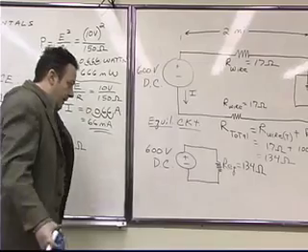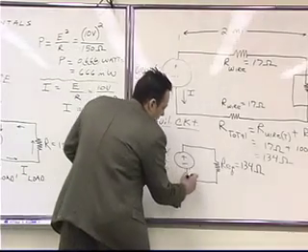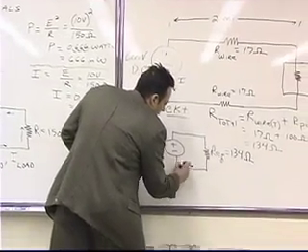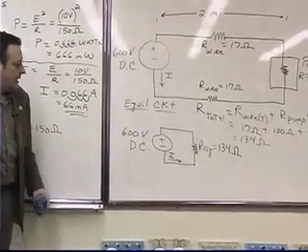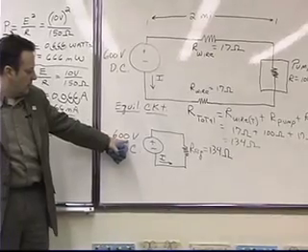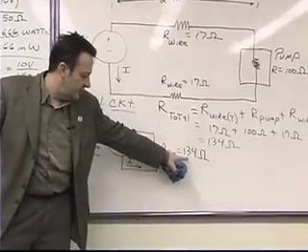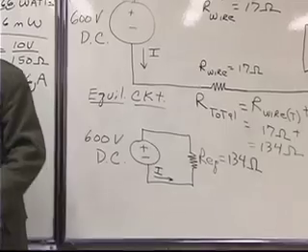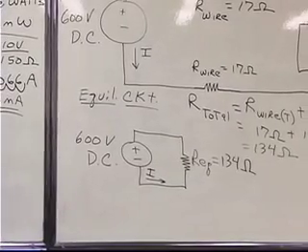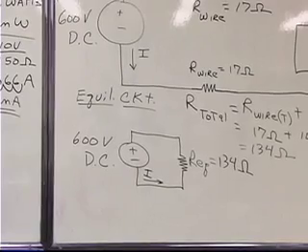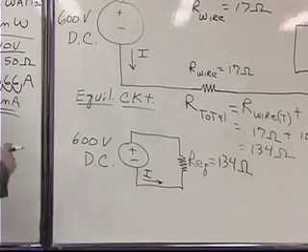Now, if we wanted to figure out the current flowing in this circuit right here, and we know the voltage and the resistance, would it be possible to use the Ohm's law formula wheel to get a formula so that we could figure out the current? What would that formula be?